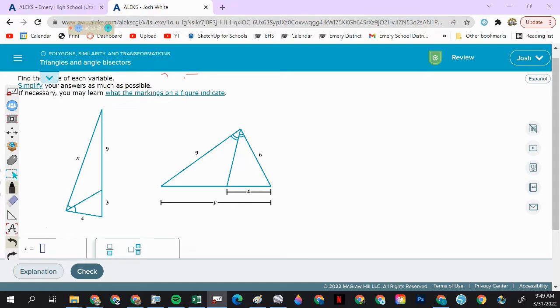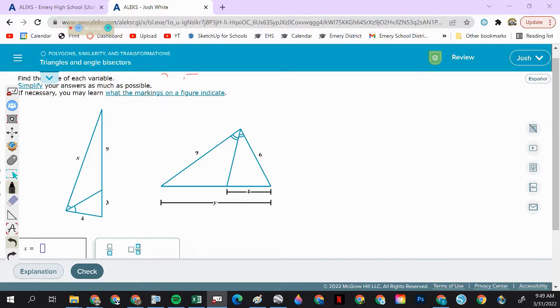Okay. So here we have an angle or a line that creates what we call an angle bisector. So if we focus in on this angle, the big angle, it's divided into 2 equal pieces. So this angle is the same size as that angle, which means this segment is an angle bisector.